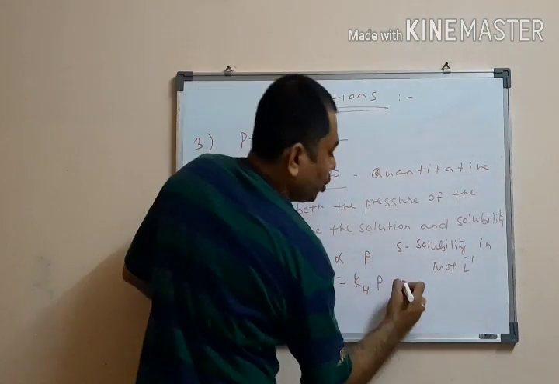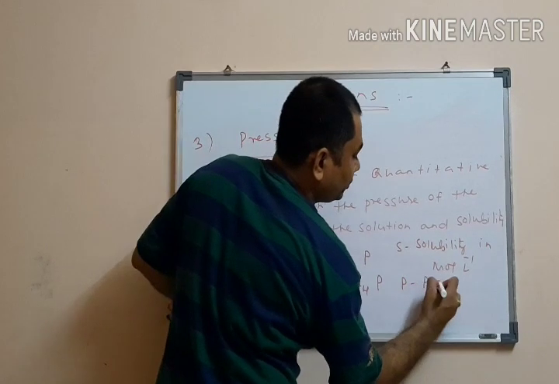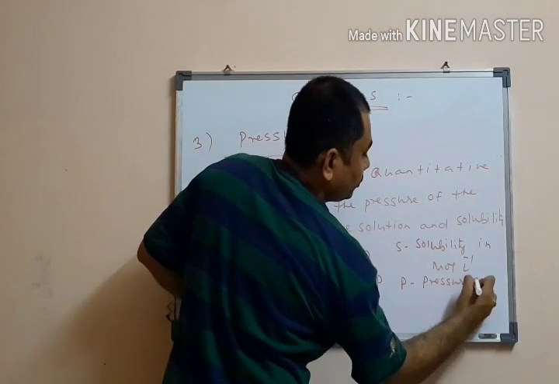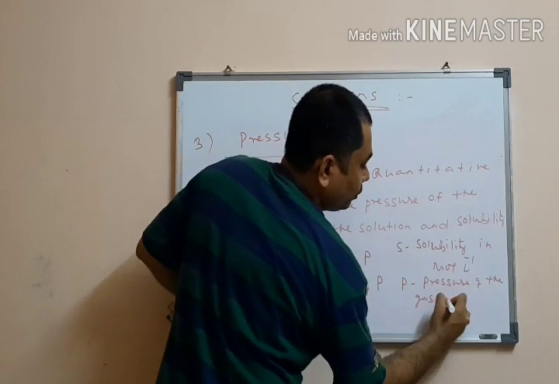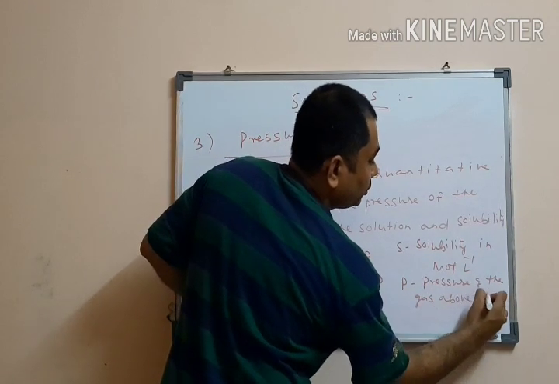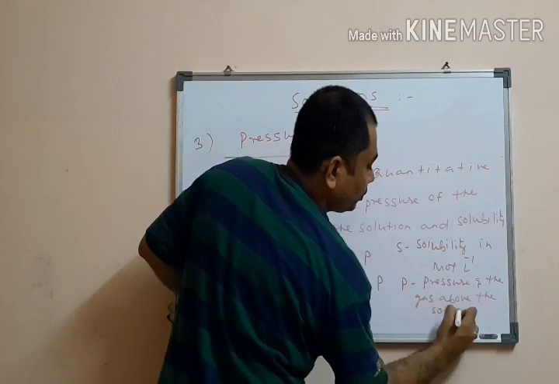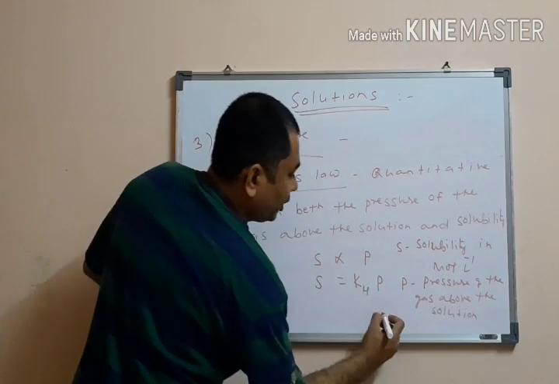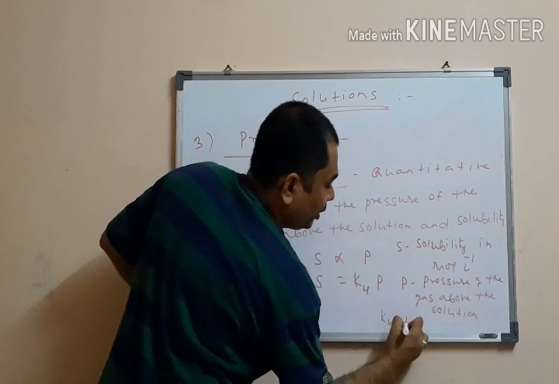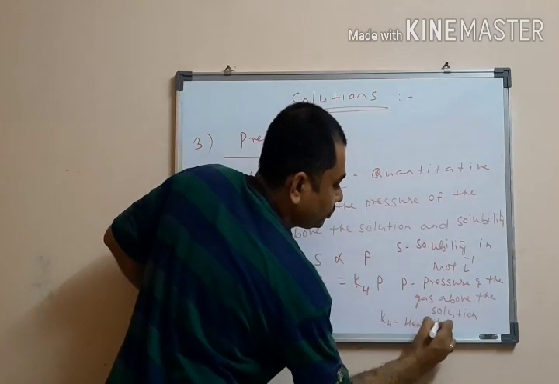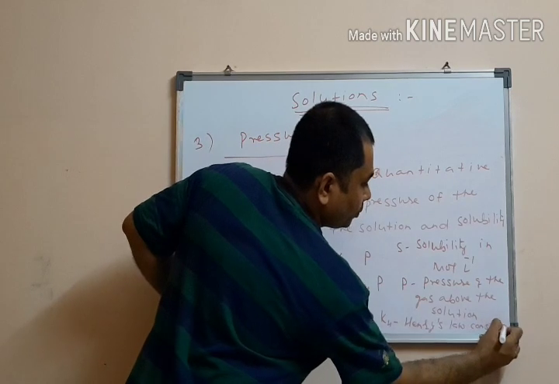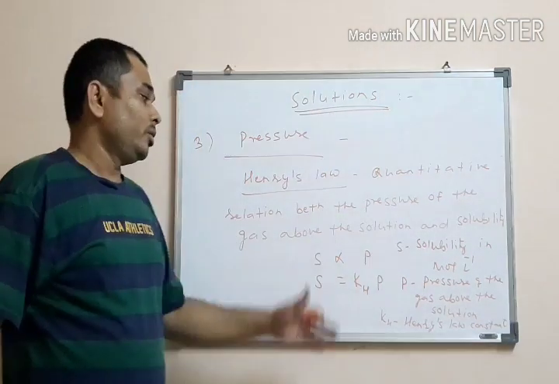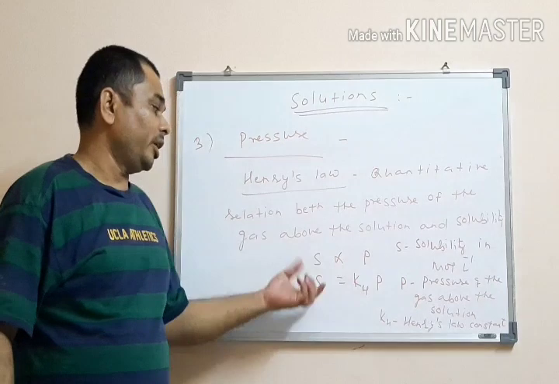And then P is the pressure of the gas which is present above the solution. And what is this KH? Henry's law constant. Okay, so this is how we have got Henry's law.